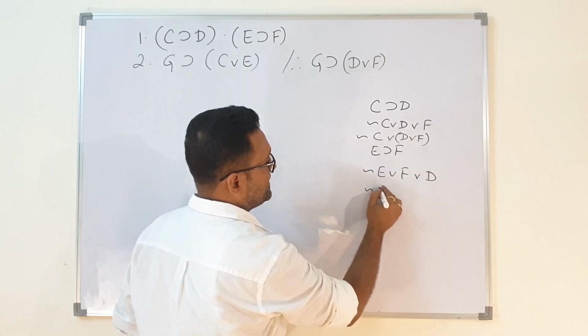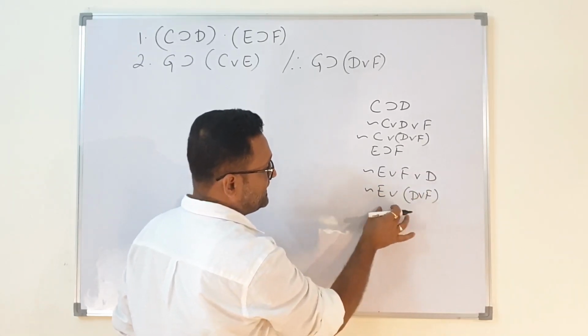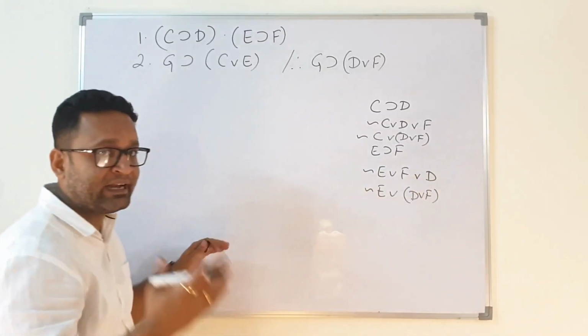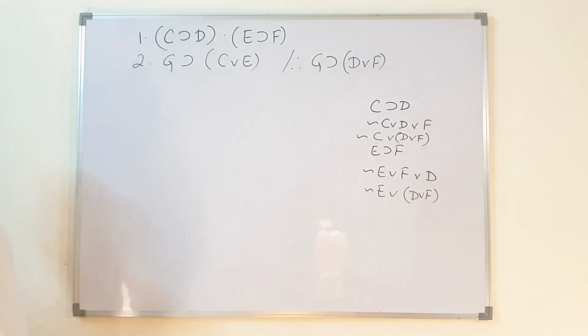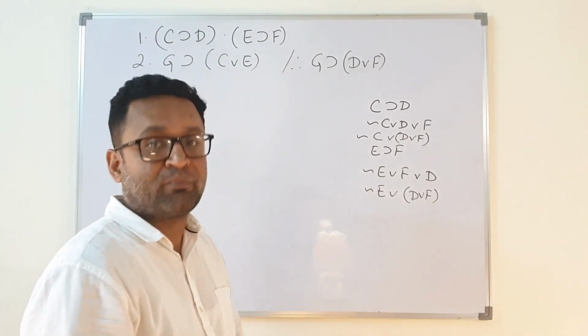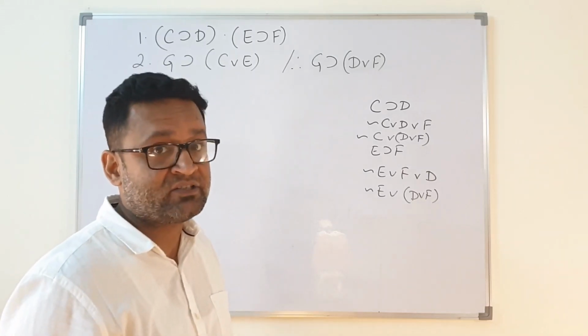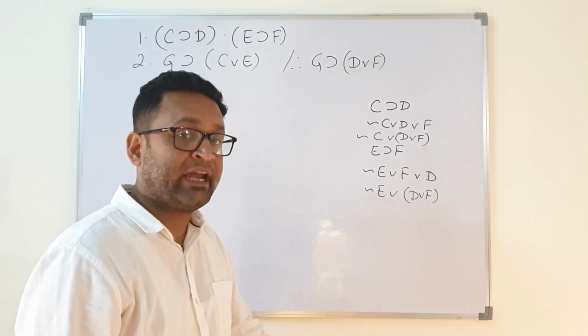And this will become negation of E wedge D wedge F, right? And then if you conjoin them together, you will get the answer. You will see how we are going to do it. Let us try to solve it. This is the basic idea which should be there in your mind, because till the time you have a strategy, as I told you right from the very beginning, you are not going to make any headway.